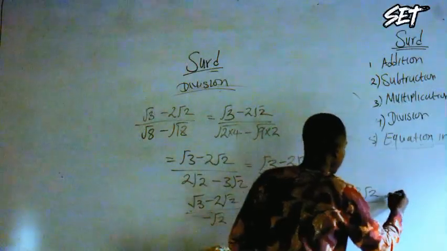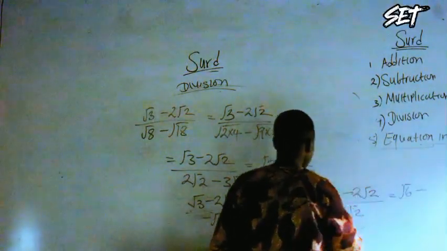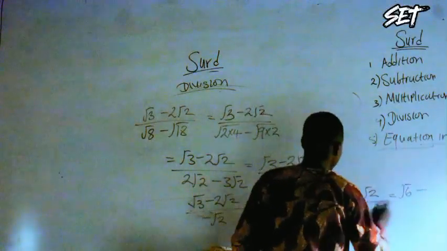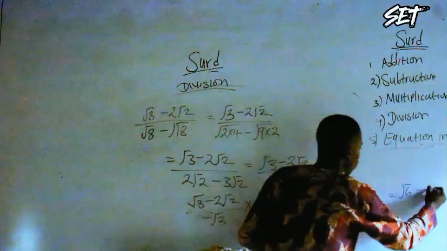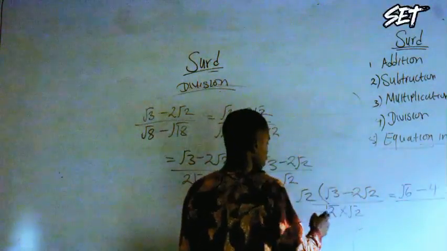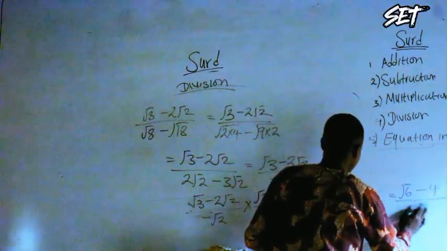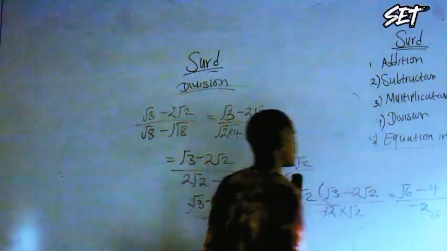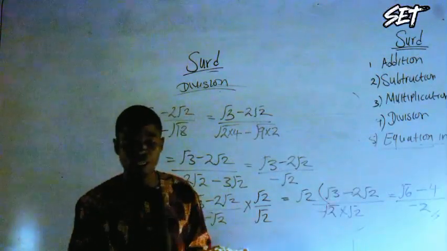Turn this one by this is what? It will be root 6 minus this one and this. It will give us this one and this. It will give us what? 4 all over this one and this will give us minus what? 2. That's the answer. And we see in next video.